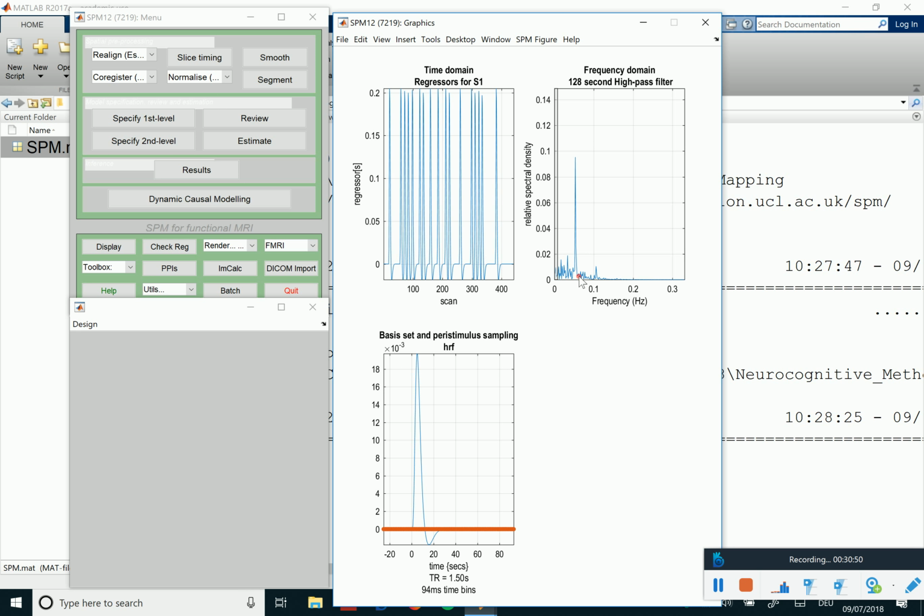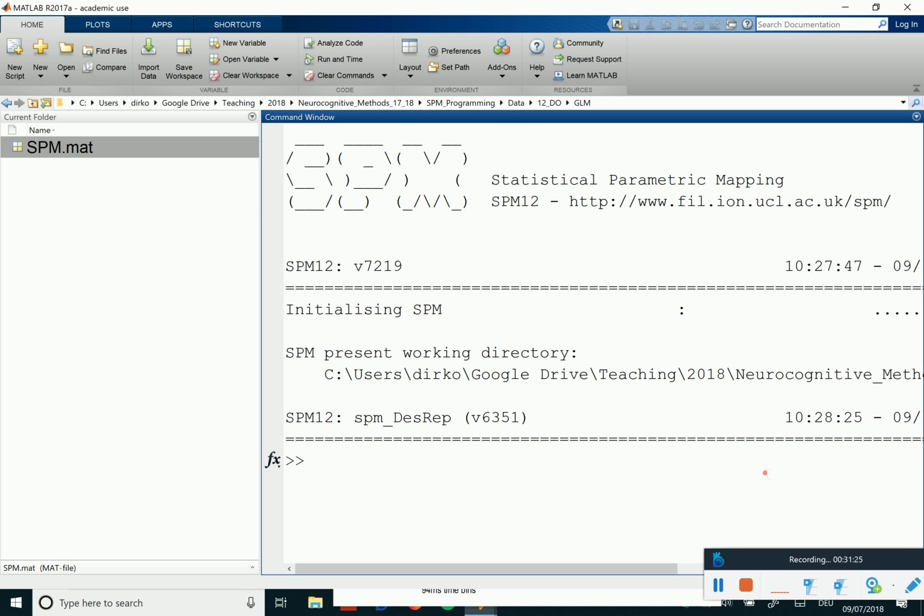If one has a very low frequency design, which you sometimes have if you have multiple conditions and each condition only comes up every minute or so, then of course if you filter out drifts on the order of one minute, you might filter out your signal of interest, and that's what one can see here. This is how the HRF is sampled in terms of the design. It's not that intuitive, and there's also no explanation for how this is actually computed.